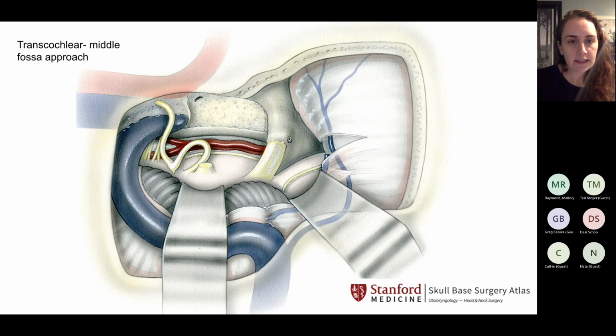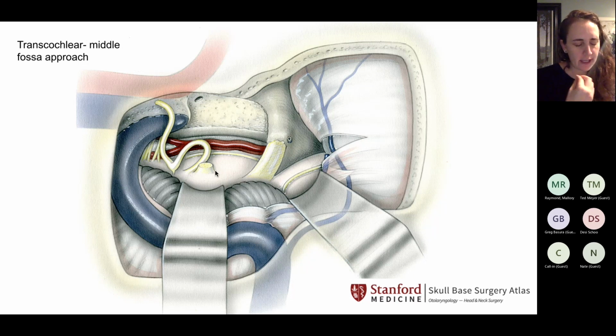And then finally, this is the transcochlear approach. This is obviously the most extreme version. The problem with this approach and why it's not commonly favored is that the facial nerve has been moved, and so the patient is essentially guaranteed to have a facial nerve weakness.